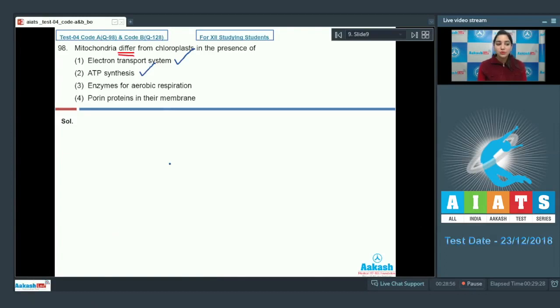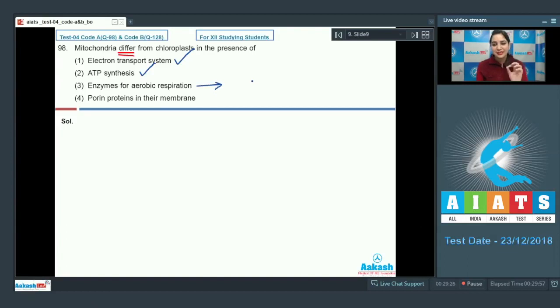ATP synthesis is also seen because, students, if you remember, chloroplast also will need some energy in the form of ATP to carry out dark reaction, right? And mitochondria is the powerhouse of the cell. It will definitely synthesize ATP, that's true, but chloroplast also synthesizes ATP. Then enzymes for aerobic respiration, which is not correct.